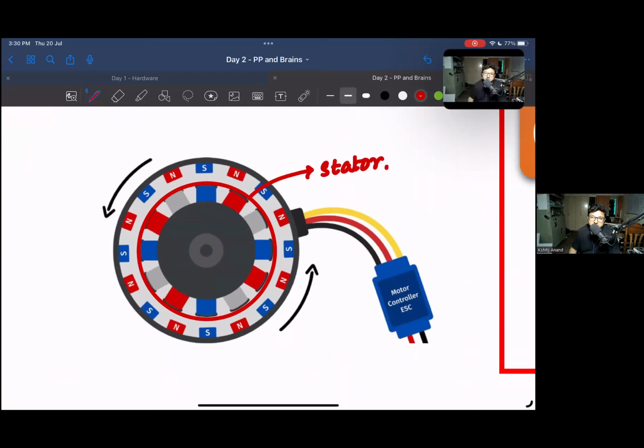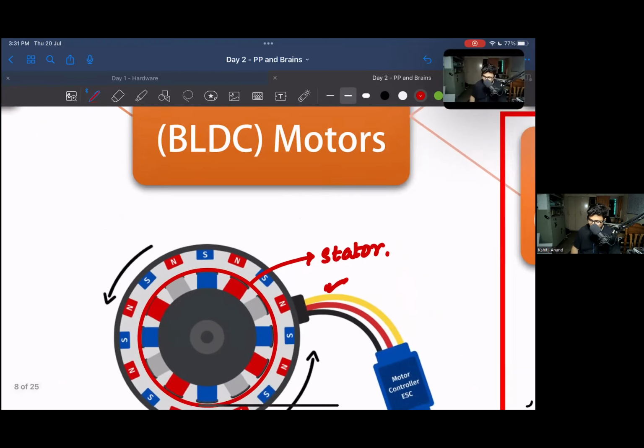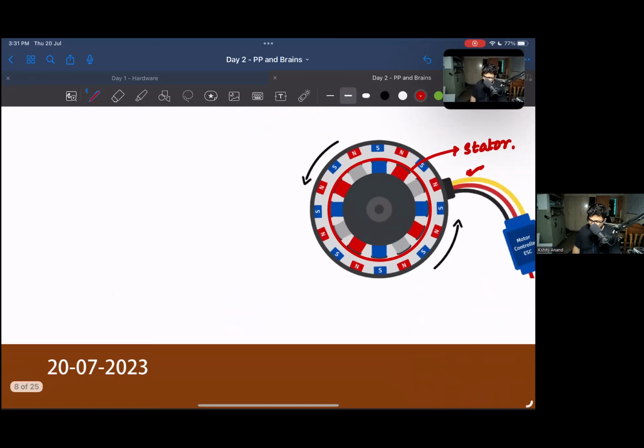This part is the stator. It remains stationary. These connections that you are seeing, they go and connect to the stator. There are three coils. The diagram for a brushless DC motor is something like this.